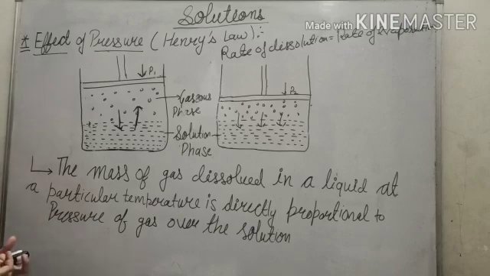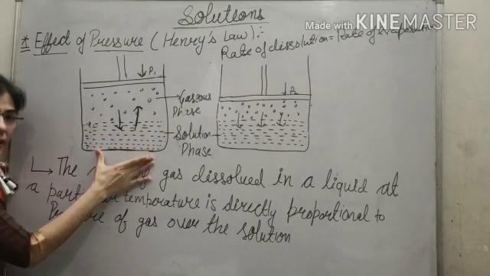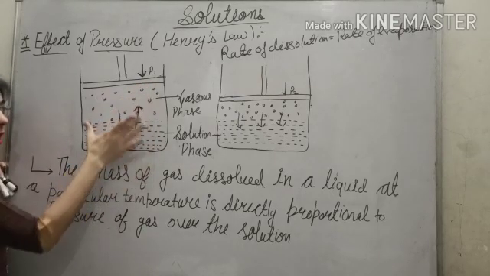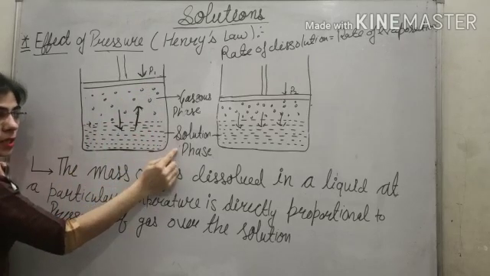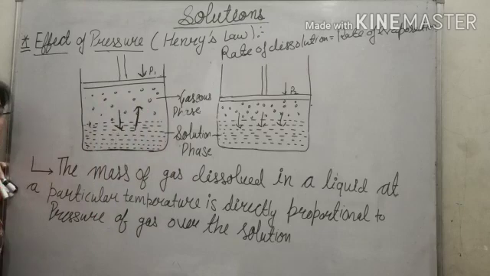With the increase of pressure, the solubility of a gas in a liquid increases. And this can be explained as follows. Consider a system in which a solution is placed inside a piston, and the lower part is the solution phase and the upper part is the gaseous phase at a particular temperature and pressure.